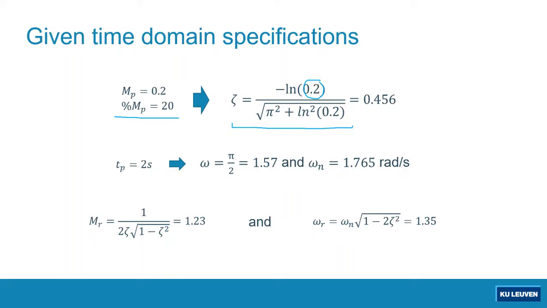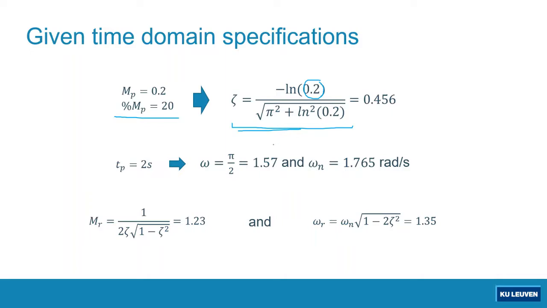If you need to refresh your memory, please refer to the previous video that explained the formulas to correlate percent overshoot to zeta. The formula will look like this, and from this formula we can identify the damping ratio if we know the percent overshoot of a second order system response.